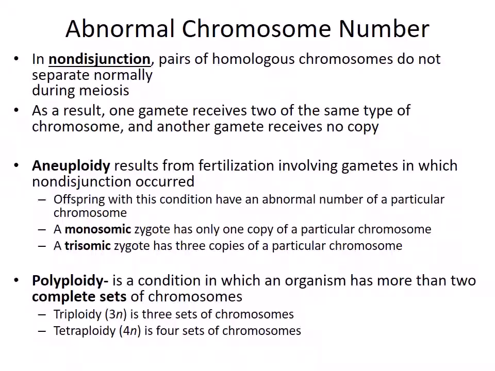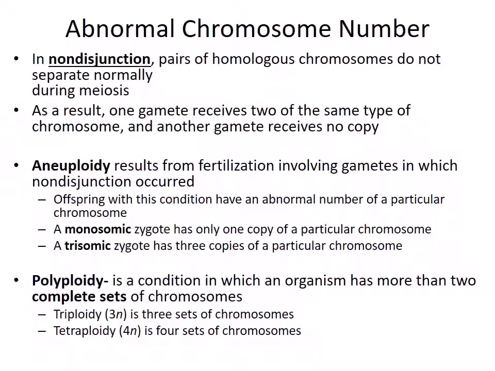For example, a monosomic zygote has only one copy of a particular chromosome, and a trisomic zygote has three copies of a particular chromosome. Polyploidy, on the other hand, happens when an organism has two or more complete sets of chromosomes. If we look at the words, mono is one, tri is three, poly is many. Triploidy is when you have three entire sets of chromosomes, and tetraploidy is when you have four entire sets.